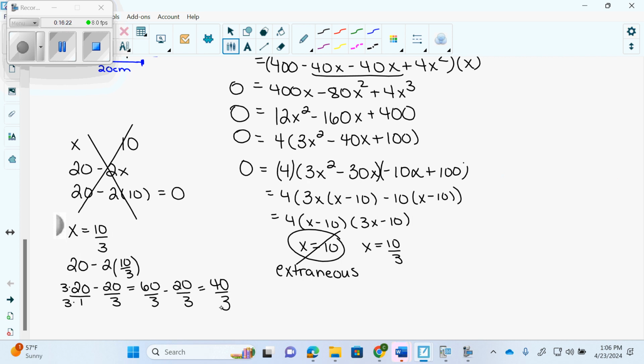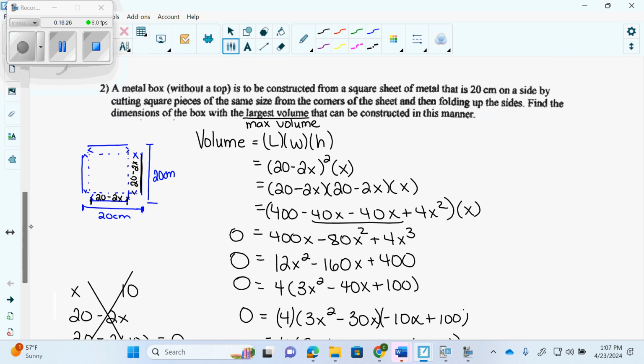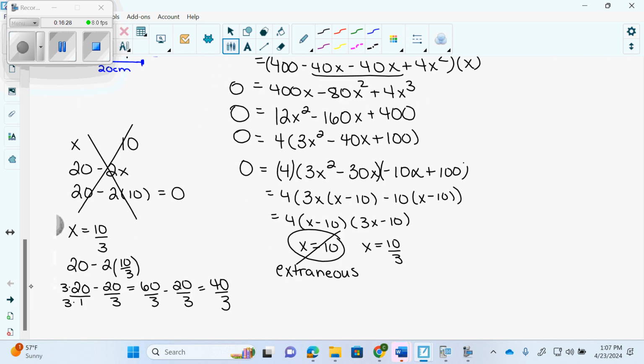Centimeters? So here it says, find the dimensions of the box with largest volume.